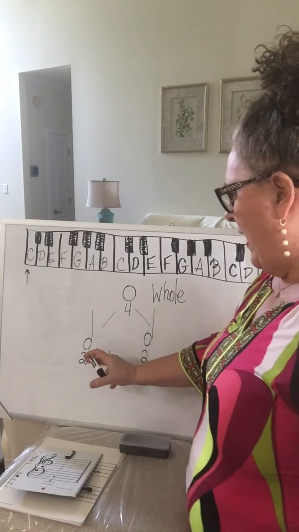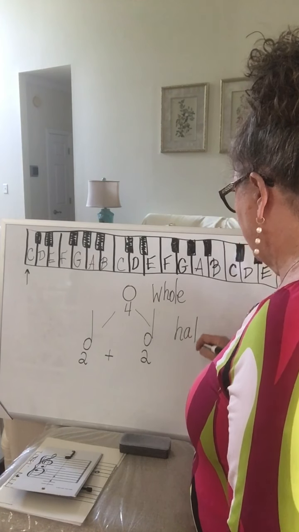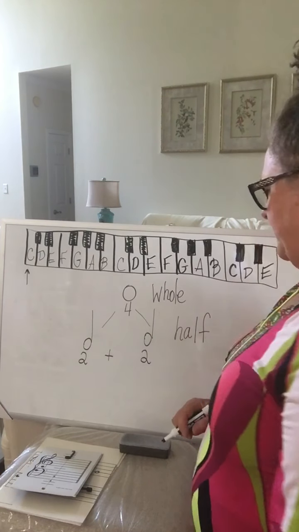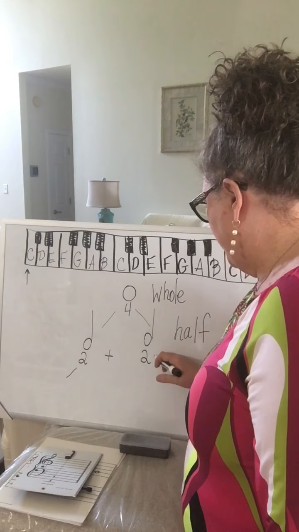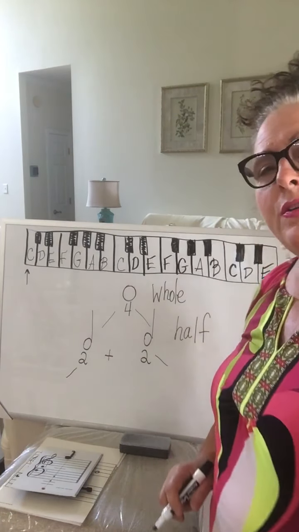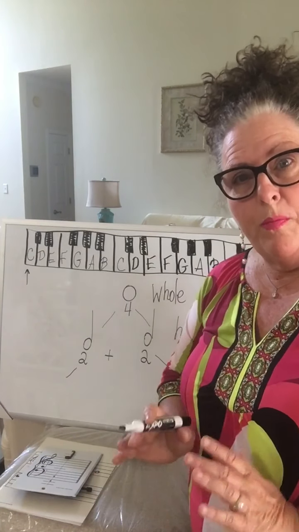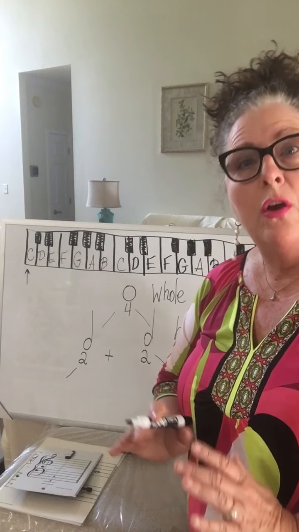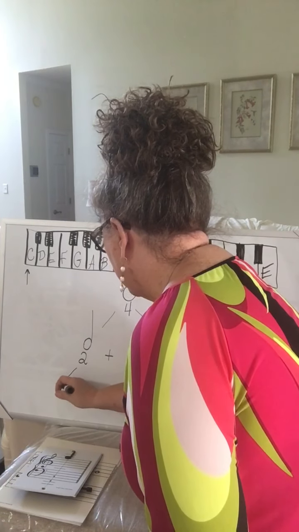All right, we can divide our, let's write down half here so you'll know what kind of note that is. We can divide our half note as well. And if we divide our half note, now we're dividing the half note into 2 equal parts, and we call those quarter notes. So they look like this.